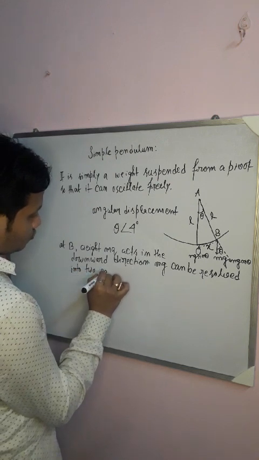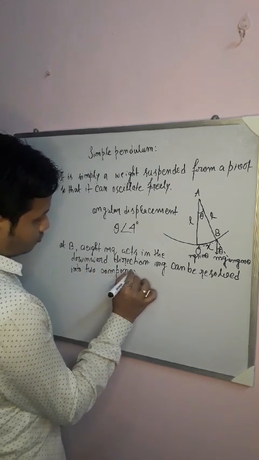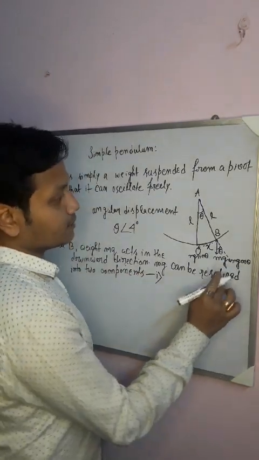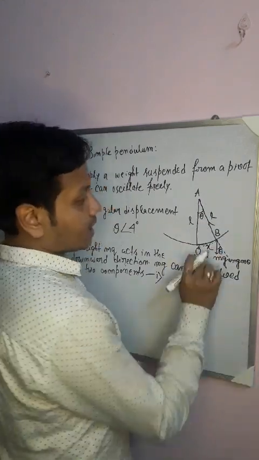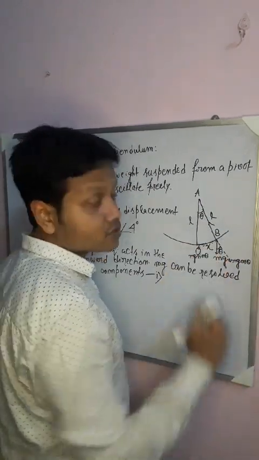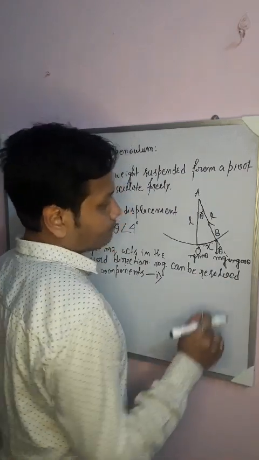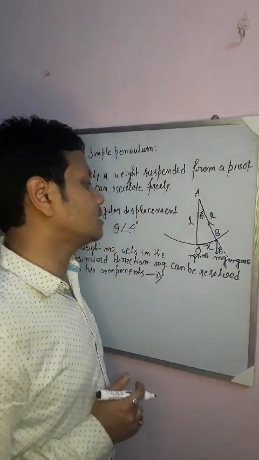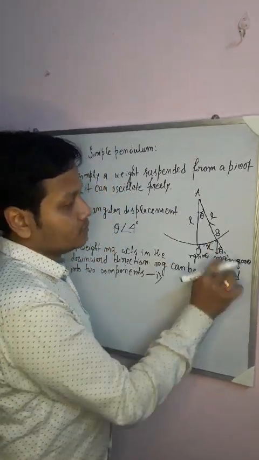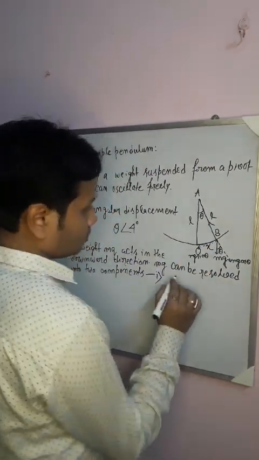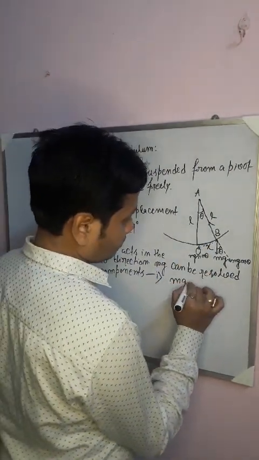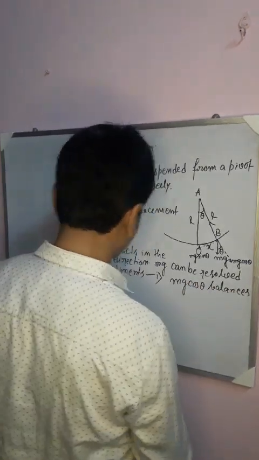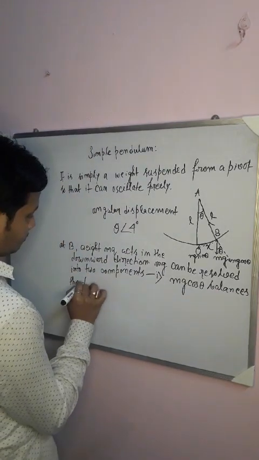The mg cos theta balances the tension, obviously, and mg sin theta tries to bring the bob back into its original position. You all know it.